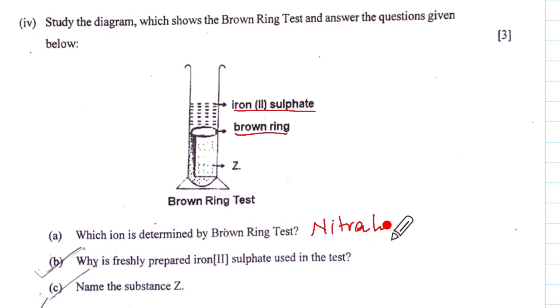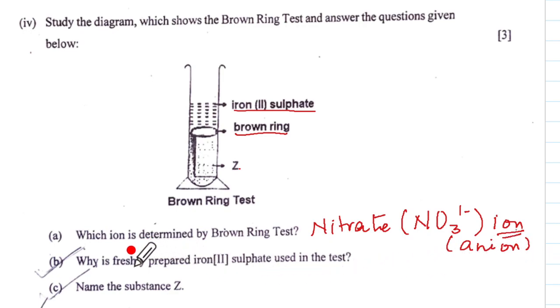So nitrate ion or nitrate radical, which is NO3 1 minus ion, that is your anion. Okay, actually you could also write over there anion.